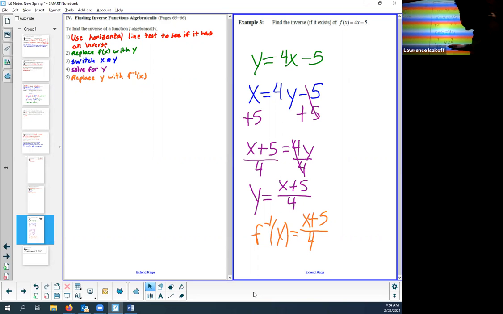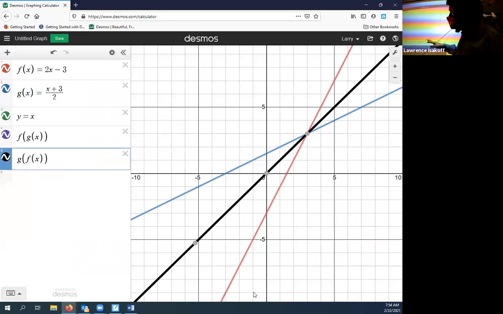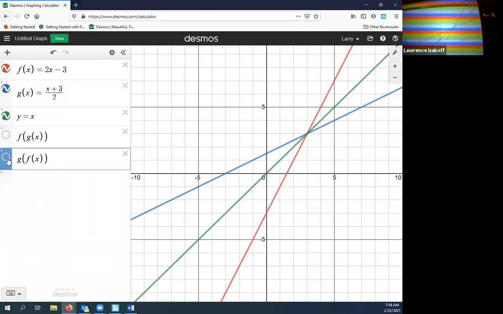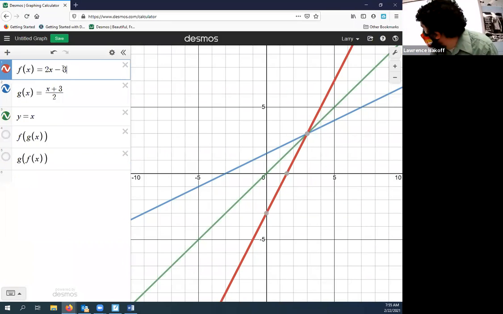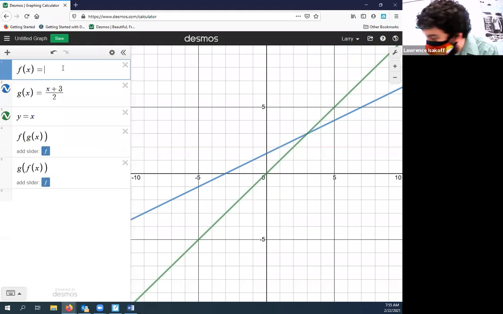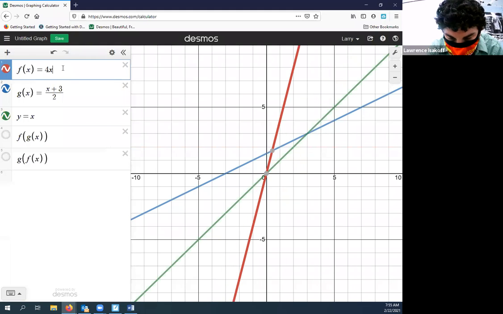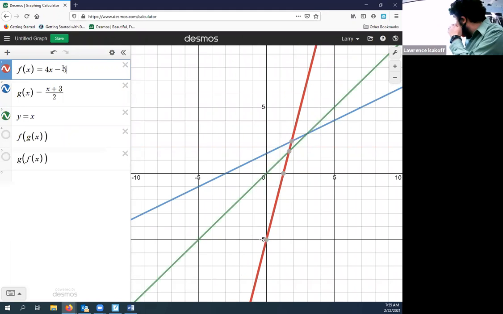Cool. Okay, so what I'm going to do is call f of x the function I started with, and g of x the second one. I'm going to see if it goes over that line y equals x, and I'm going to turn those off for right now. So let me just edit this so f of x was 4x minus 5.